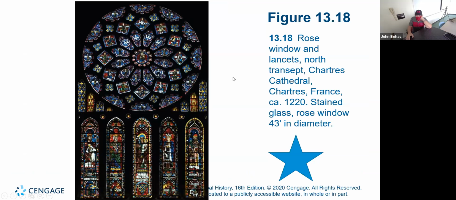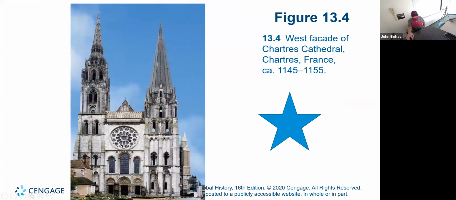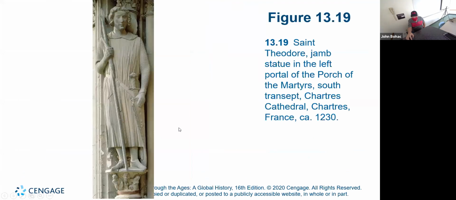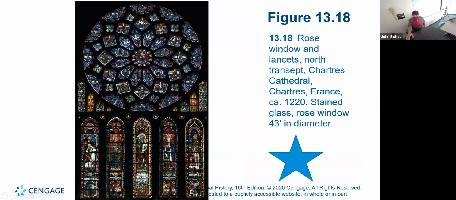And so this is in the transept of the Chartres Cathedral, that area I was telling you about here. And it's called the Rose Window, and it's a name that people have placed on this. But bottom line is that it's huge.